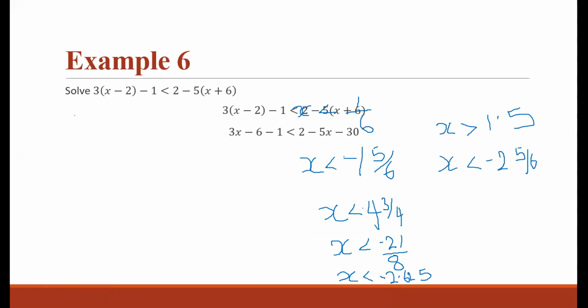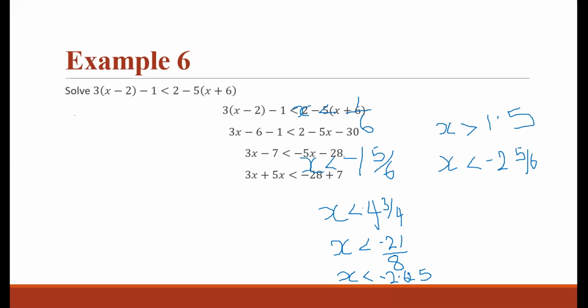You rearrange. This 5 comes here, and this goes to the other side. And our 3x minus 23, minus 30 becomes minus 28.